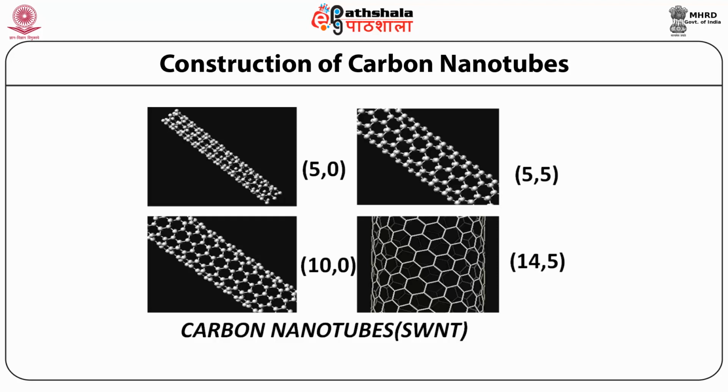However, in the third tube, which is known as chiral tube, the tube axis and the carbon-carbon bond are neither parallel nor perpendicular. So we get three different kinds of single wall carbon nanotube: zigzag, chiral, and armchair. And I have explained their construction, how they are made up of this tube.